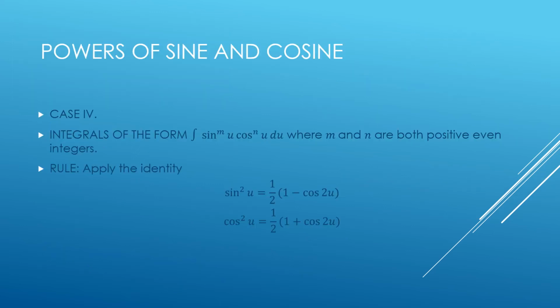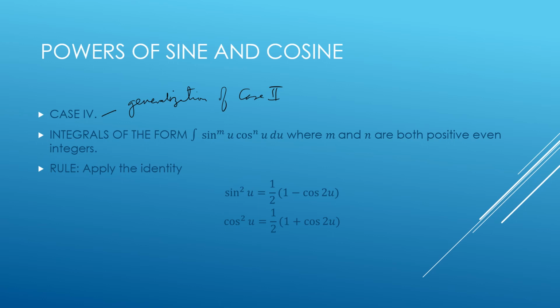We are now down to the last case for powers of sine and cosine. Now, case 4 is actually a generalization of case 2, just like case 3 is a generalization of case 1.